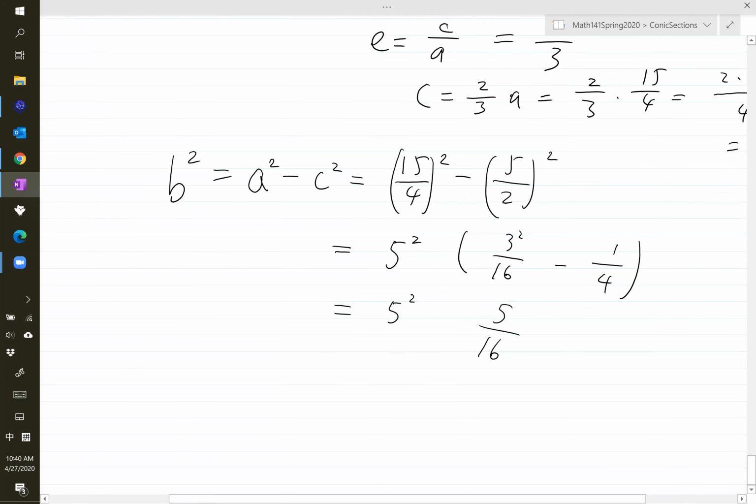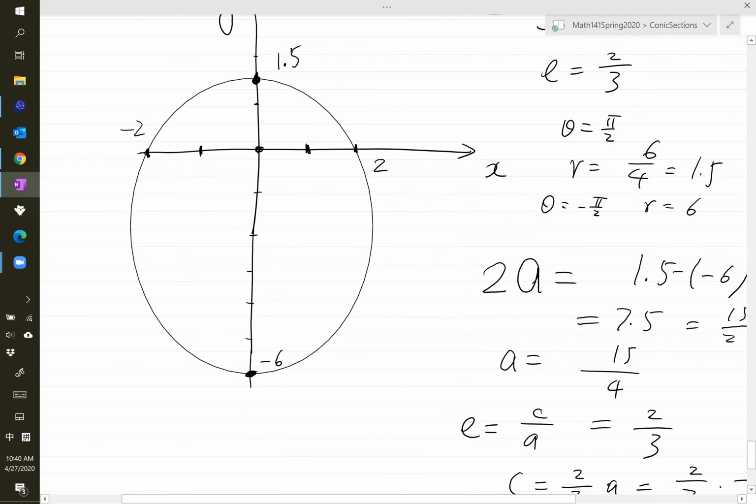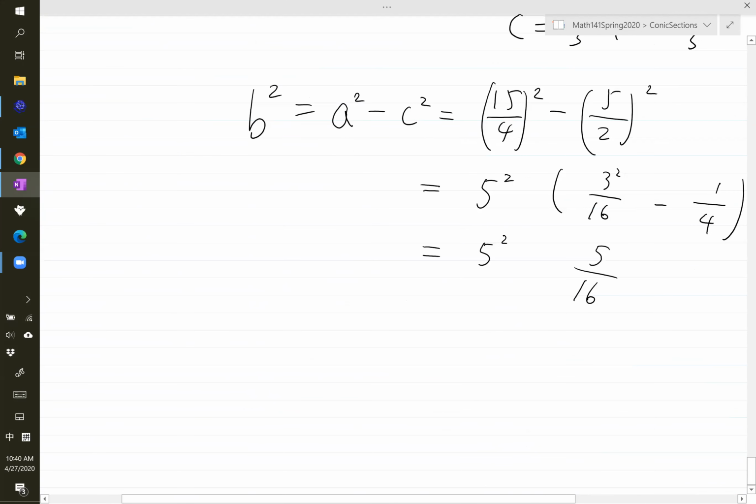Now we can write down its equation. This curve is also translated. A is along the y-axis, so it should look like y squared over A squared plus x squared over B squared equals 1.